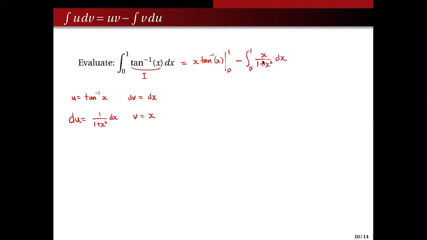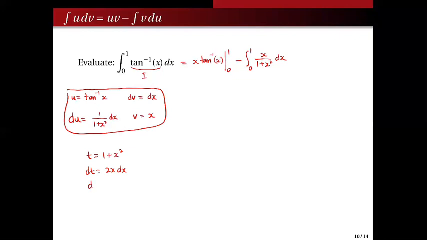So let's do substitution rule in here. I already used this variable u. So instead of u, I'll be using, say, t. So t equals 1 plus x squared. dt is 2x dx, or I have dt over 2 is x dx.